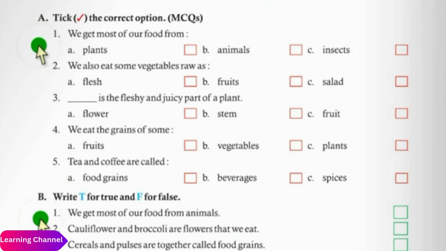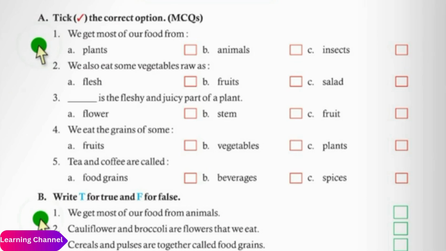Dash is the fleshy and juicy part of a plant. A. Flower, B. Stem, C. Fruit. The answer is C. Fruit. Fruit is the fleshy and juicy part of a plant.